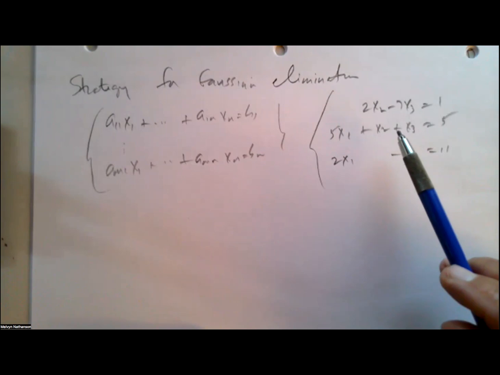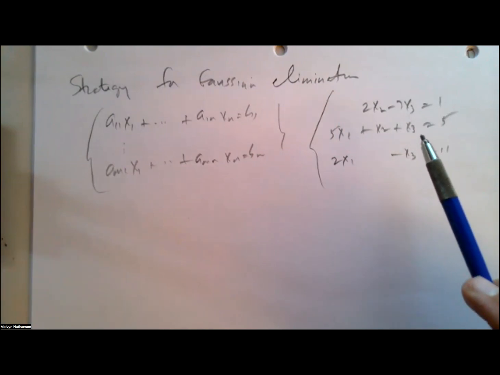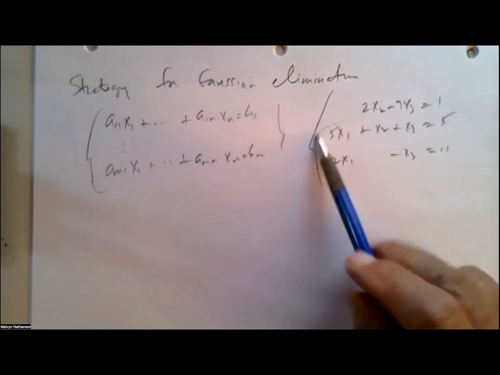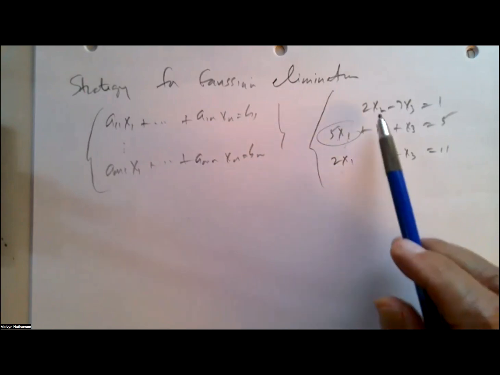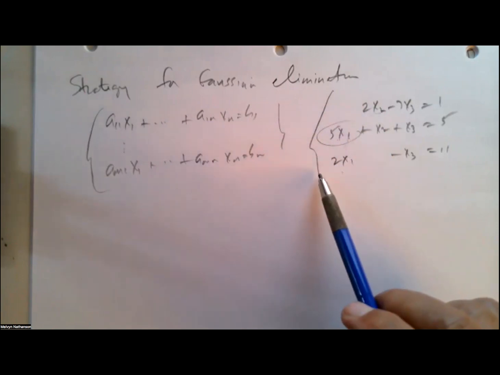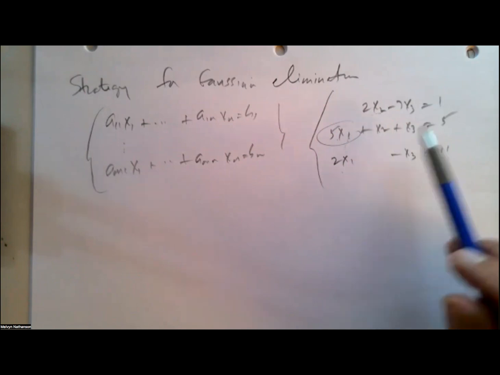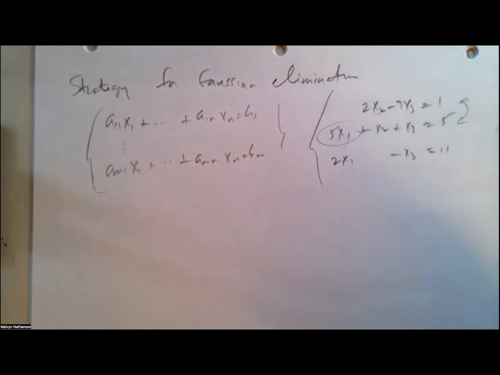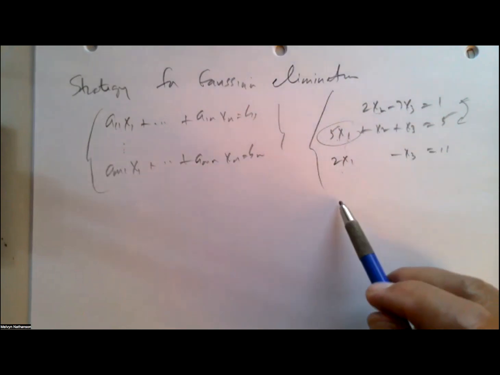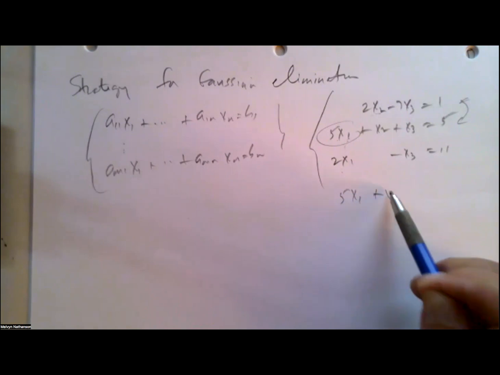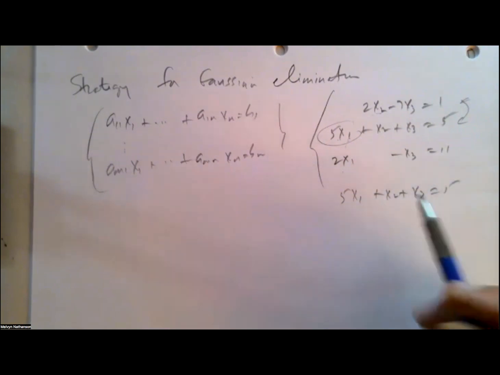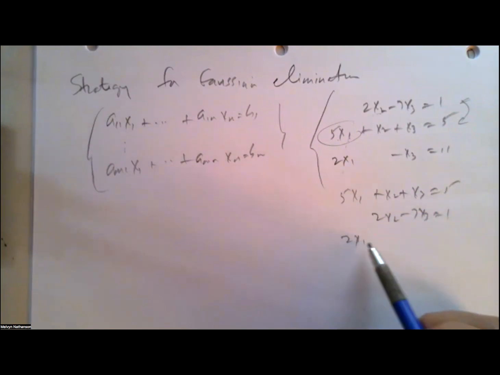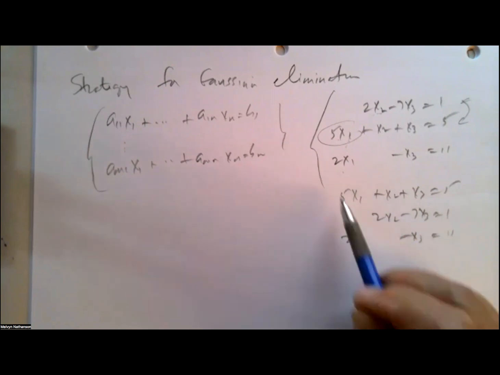And you look to see which is the first variable that occurs somewhere with a non-zero coefficient. Well, it's x1. But that x1 with a non-zero coefficient doesn't occur in the first row. So what you might do is interchange these equations. So the system now looks like 5x1 plus x2 plus x3 equals 5. 2x2 minus 7x3 equals 1. 2x1 minus x3 equals 11.